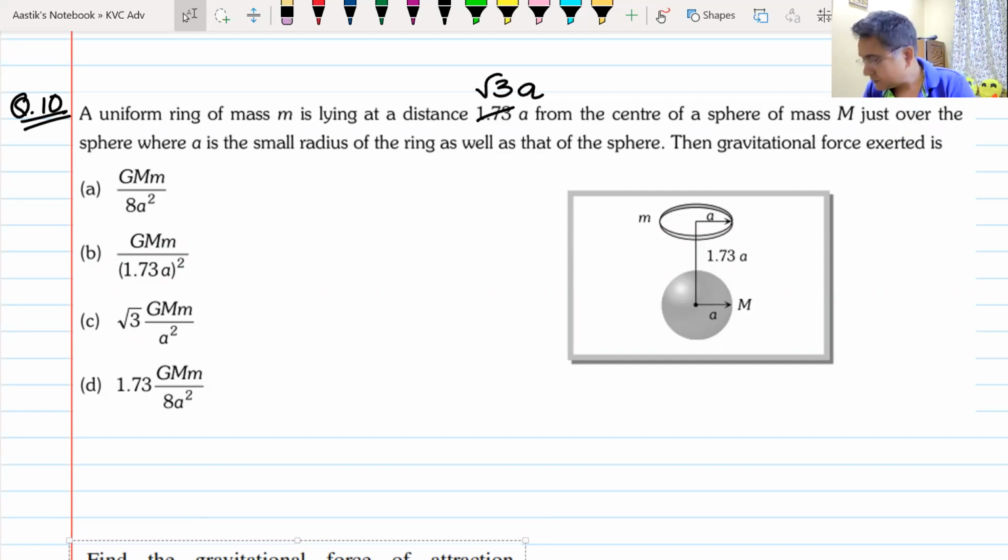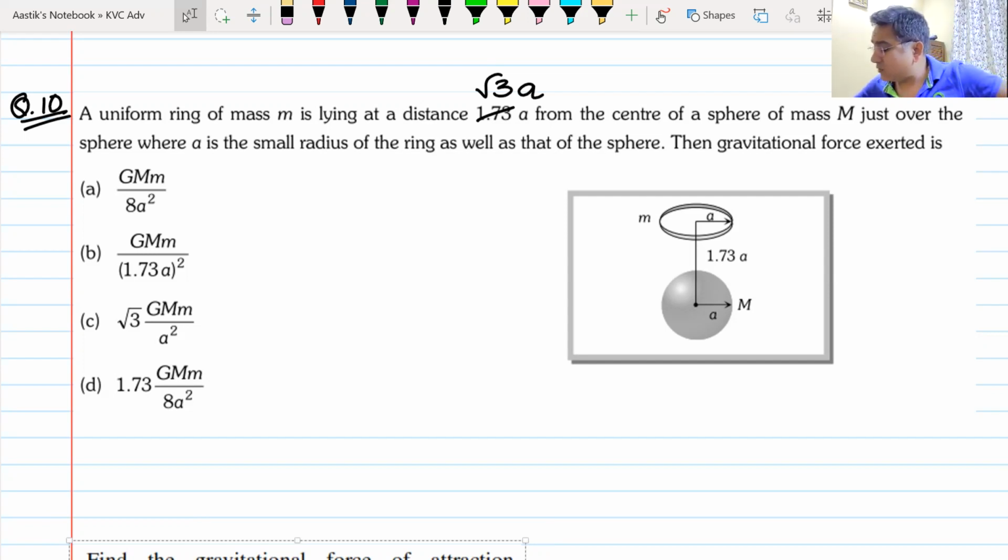So you can either find the force exerted by the sphere on the ring or by the ring on the sphere. Remember, the sphere is symmetrical from everywhere. So it is always easier to find the force on the sphere rather than the ring, because the ring's mass is spread like this and the force becomes very difficult to find.